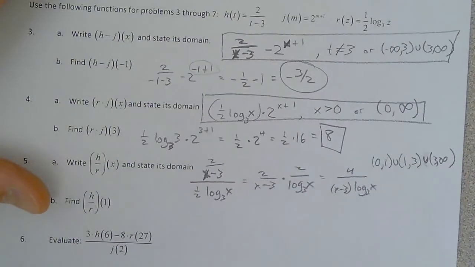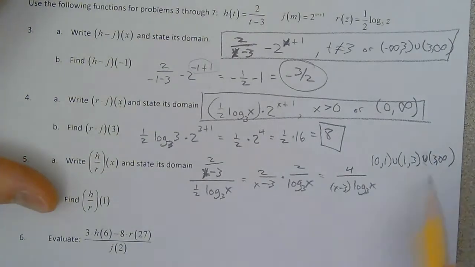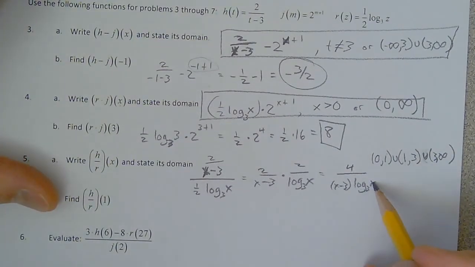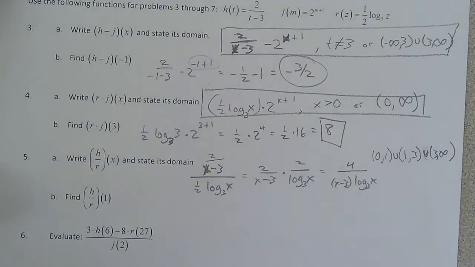Okay, so kind of 3 parts in there. We have to avoid the 1 and the 3 because the log of 1 is always 0, and that would put a 0 in the denominator. And 3 minus 3 would make a 0 here. So those are the 2 numbers that we have to avoid. We're going to be okay everywhere else.